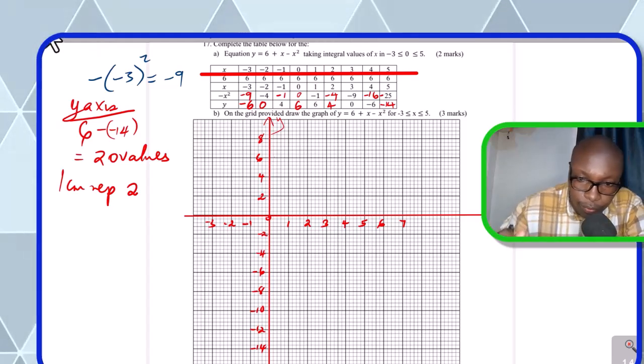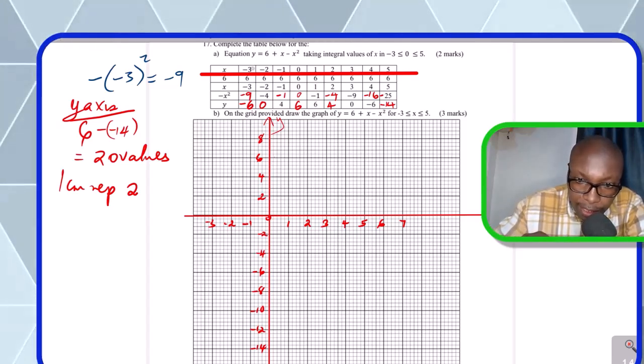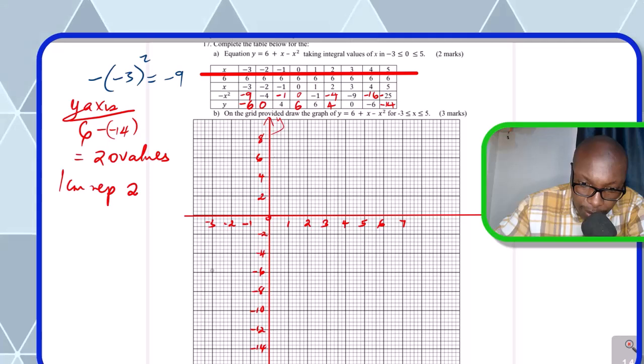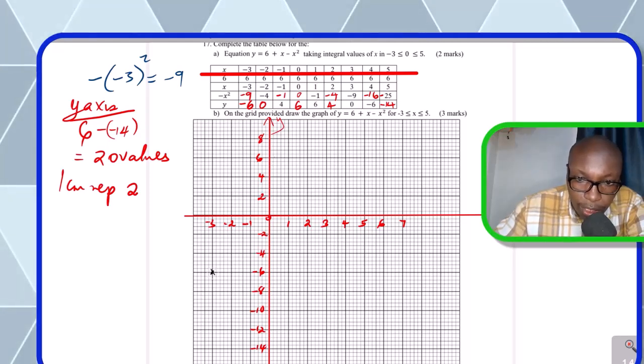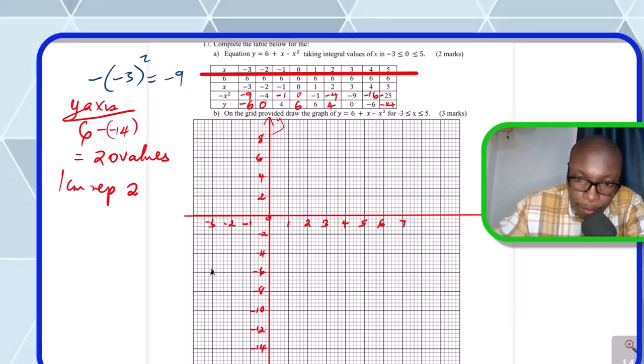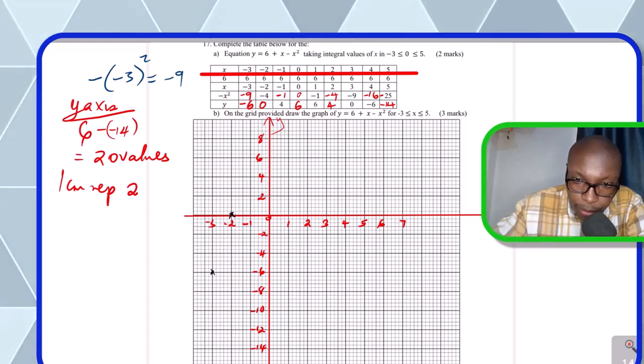we can proceed and plot. The first one, when x is negative 3, y is negative 6. So negative 3, negative 6 is here. Then when x is negative 2, y is 0. There we have it.